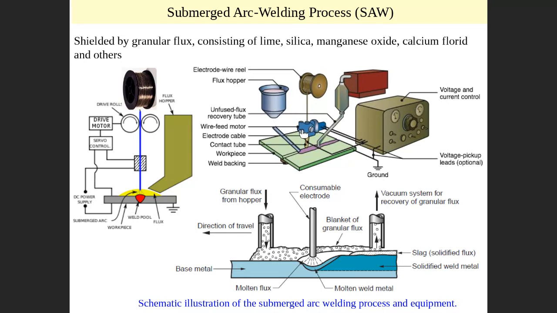This is a continuous wire coming from the spool here, and this is the flux. We deliver the flux here to cover, and then the weld is done below the flux. We have two tubes: one to deliver the flux, and one to take out the extra flux not used, because some flux will be melted and create slag.